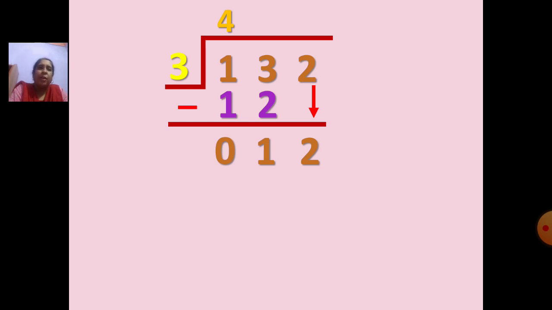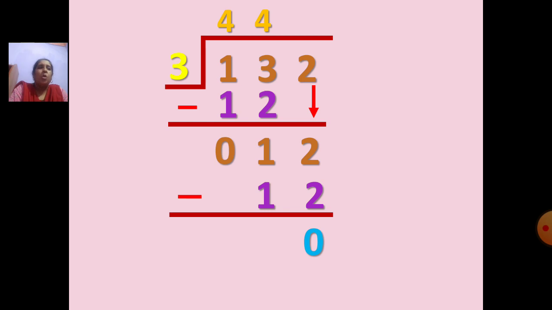So again, you will write 4 up, 12 down. Now, draw the line, put the sign of minus. Now you will subtract. 2 minus 2 is how much? 0. 1 minus 1 is how much? 0. So what answer do you get here? 44. So now you have to write the answer statement. What is the answer statement?